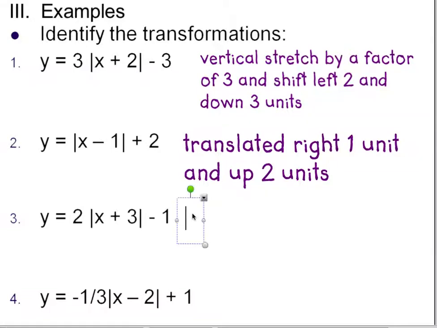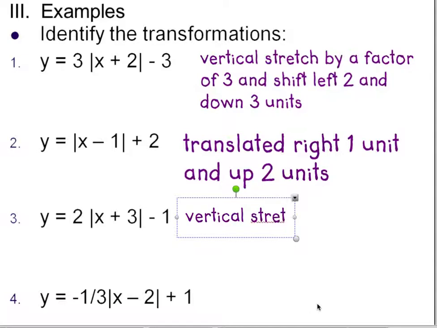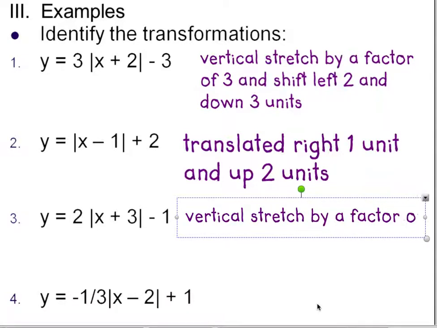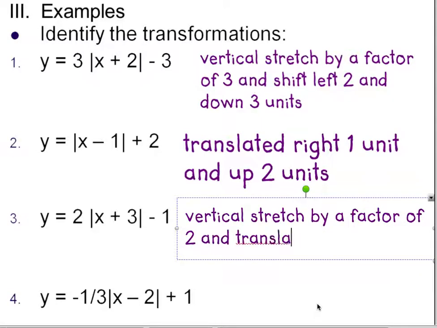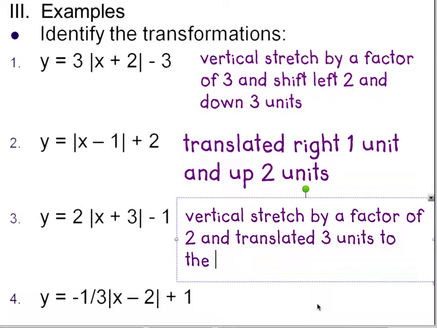This one now, we could still go with the idea of being vertically stretched. So vertical stretch by a factor of 2 and translated 3 units to the left and 1 unit down.